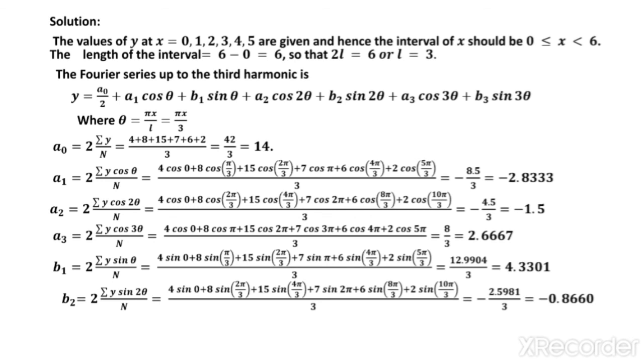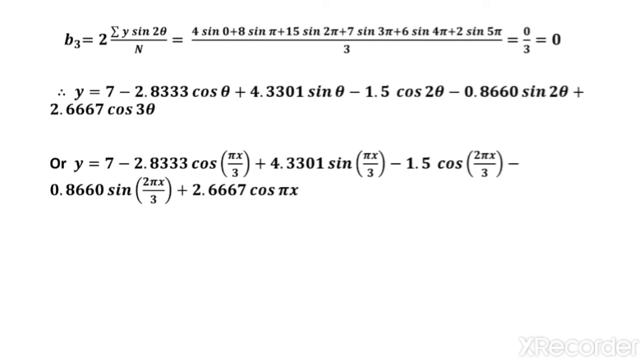Similarly, for A3, B1, B2, the values are 2.667 for A3, 4.3301 for B1 and minus 0.8660 for B2. Now, the B3 calculation yields 0. Then substituting the values in y, you are getting numerical values.